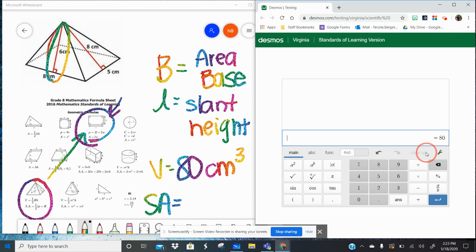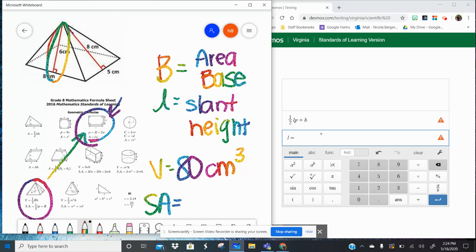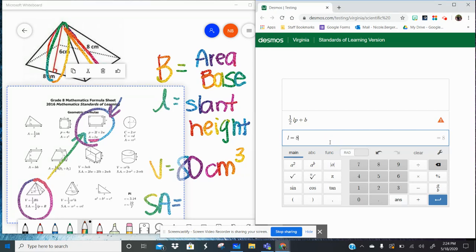So if I clear this all out, I'm going to type in the formula for surface area. 1/2 LP plus B. And I'm going to use the lowercase b just in the Desmos, but we mean big B. So remember, slant height is the 8, this diagonal one right here. So L is 8.